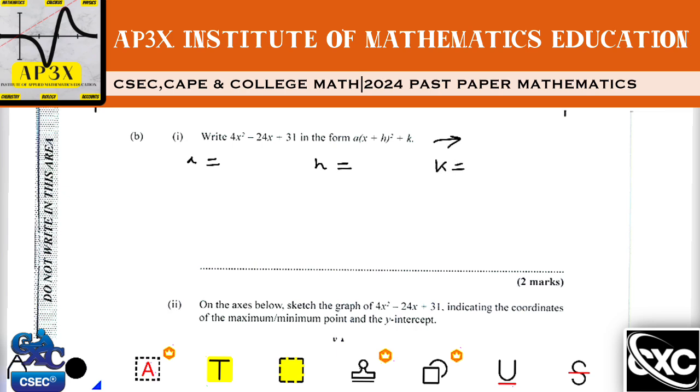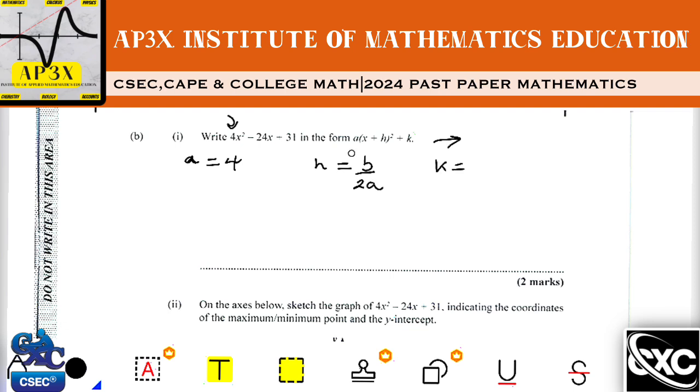And so this is actually a really renowned formula here, where we know that the value of a is always going to be the value right in front of the x squared. So the value of a here is going to be 4. h has a formula which, if you know it, you'll realize that h is equal to b divided by 2a.